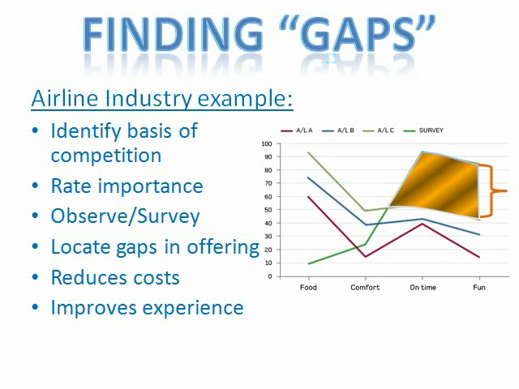The key is people actually are looking for things that airlines not necessarily are offering. In this particular case and in this graph, on-time delivery and fun is more important than food and comfort.